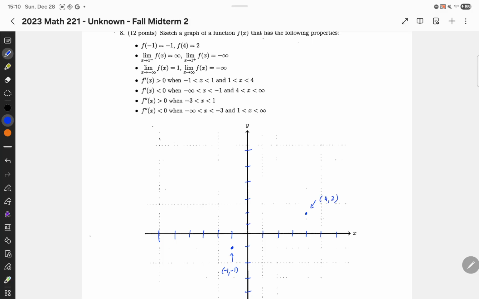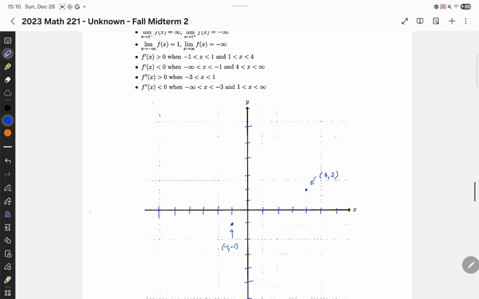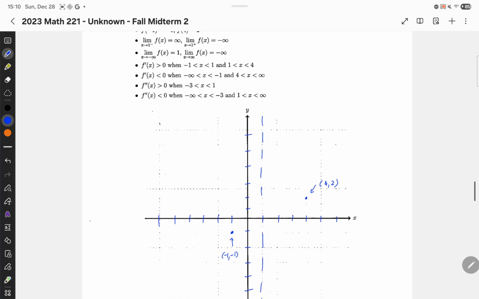And now we have the limit as x approaches 1 from the negative side is infinity, and when it approaches 1 from the positive side, it's minus infinity. So that tells you we're going to have a vertical asymptote right here, at x equals 1.